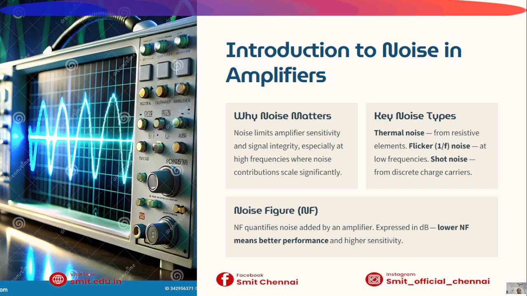The second is flicker noise, also called 1/f noise, which becomes dominant at low frequencies. The third one is shot noise, caused by the discrete movement of charge carriers across semiconductor junctions. To evaluate amplifier performance, engineers use noise figure, abbreviated as NF. A low noise figure indicates better amplifier sensitivity and performance.